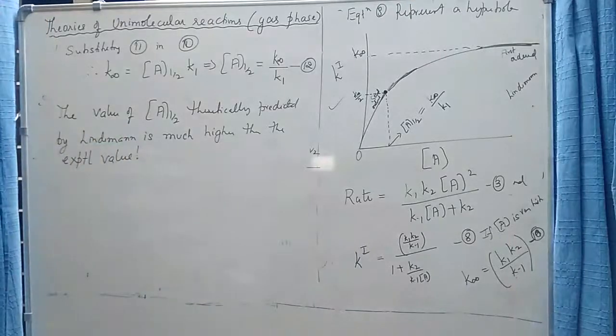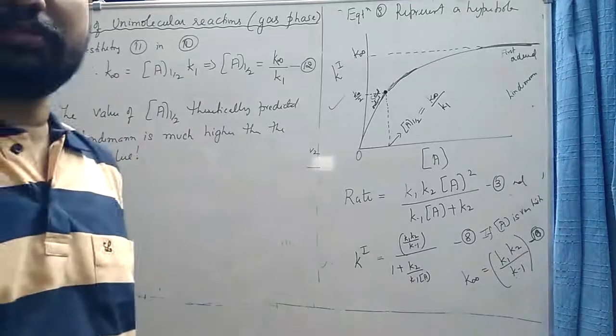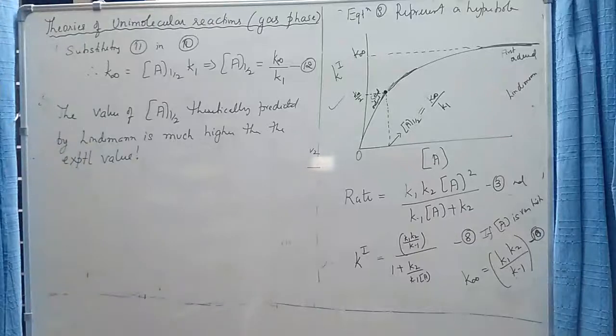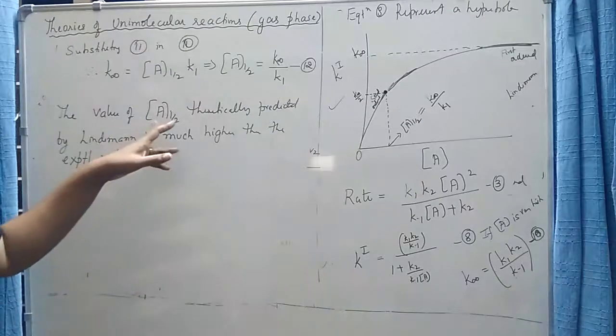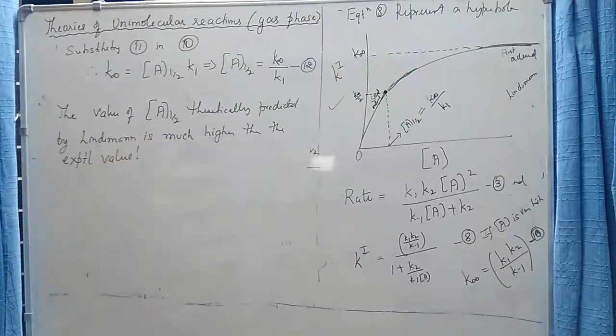Okay, so far I told you, so far so good. Lindemann's theory is consistent with the experimental results. Now we see the first inconsistency. The value of a half that was theoretically predicted by Lindemann was much higher than the experimental value.